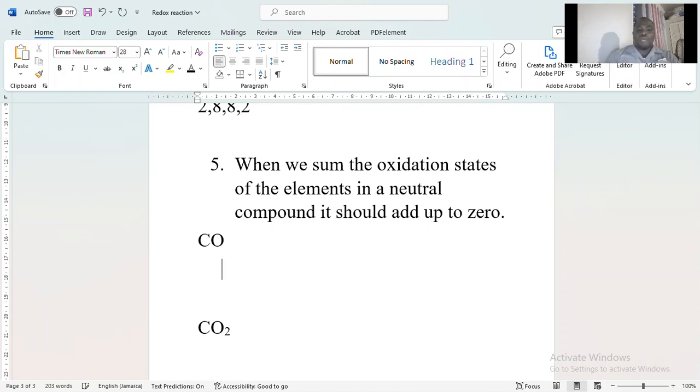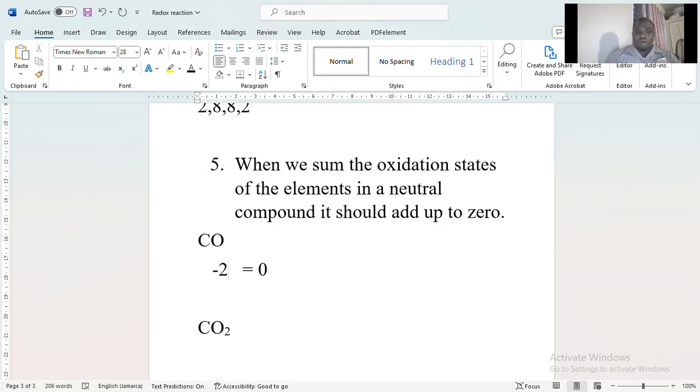So we know when we add them two here, when we add them, I'm supposed to get 0. The problem is, as we said, carbon. Usually we don't know that for carbon, but there's a rule that governs oxygen. Oxygen, the rule says that oxygen, unless it is with a peroxide, will always have an oxidation state of -2.